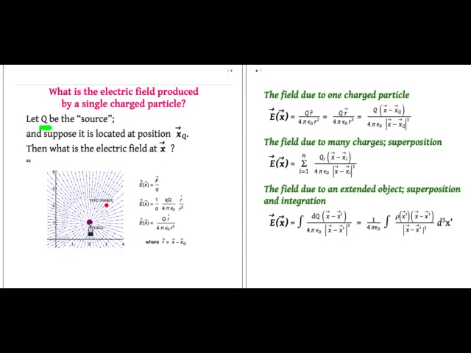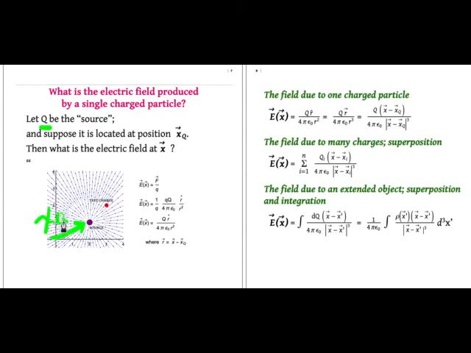So here's the source. It's at x equals 2, y equals 1, z equals 0 in 3 dimensions. I just draw it in 2 dimensions here. So it has 3 coordinates, x sub q, y sub q, z sub q. Or it's got a position vector relative to the origin of the coordinate system, x sub q.